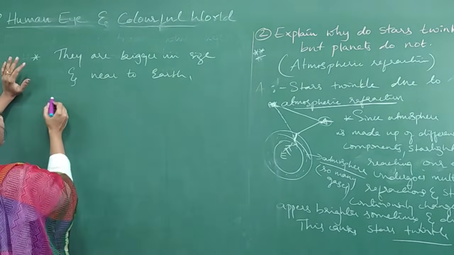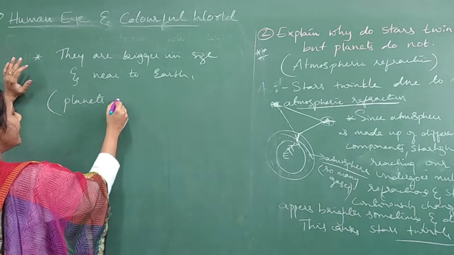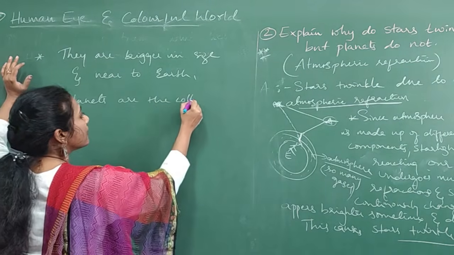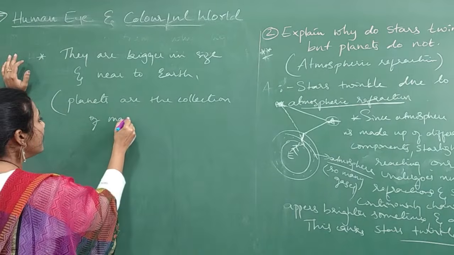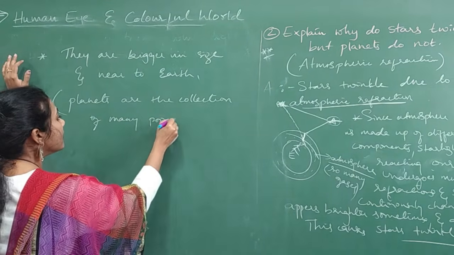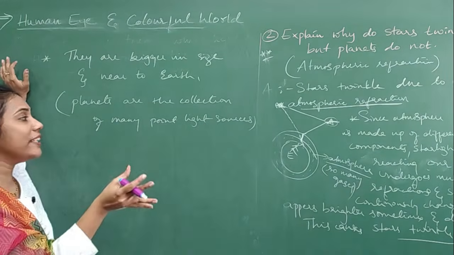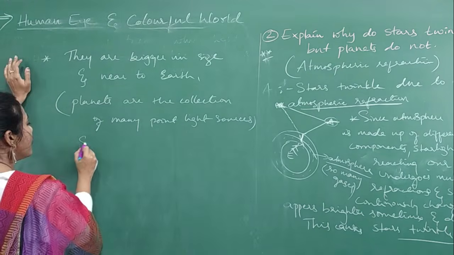Okay, so understand carefully, planets are the collection of many point light sources. So here twinkling effect of one point is nullified with another.